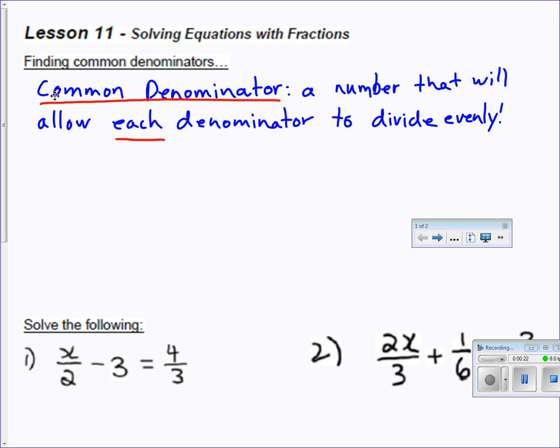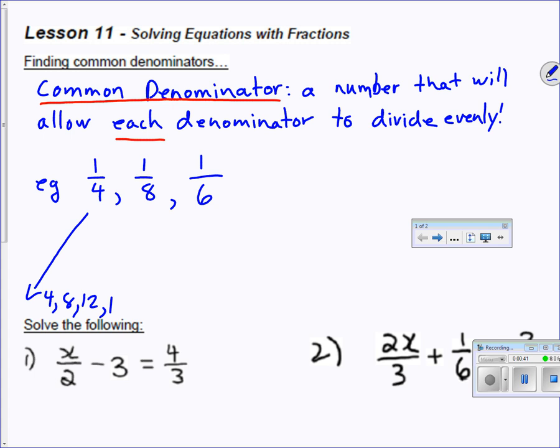So if we take a look at this set of fractions, we have a fourth, an eighth, and a sixth. If we take a look at the denominator for a fourth, numbers that can be divided by 4 are 4, 8, 12, 16, 20, and 24. For 8, we have 8, 16, and 24.